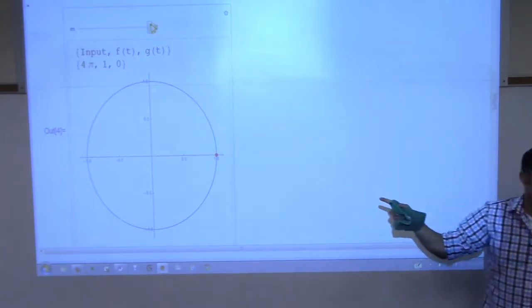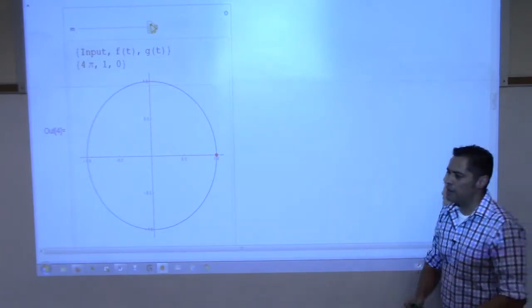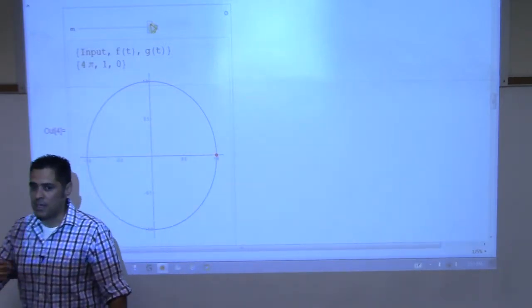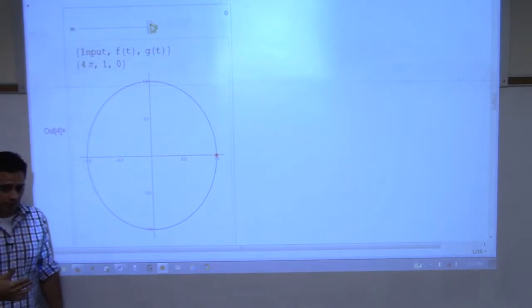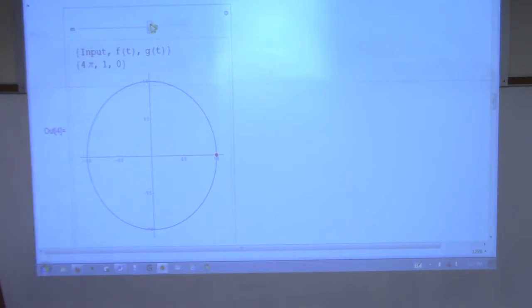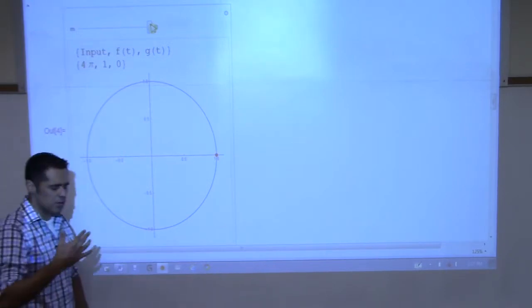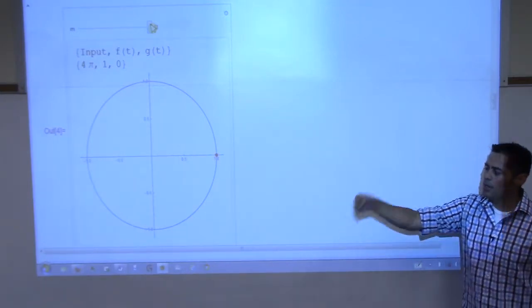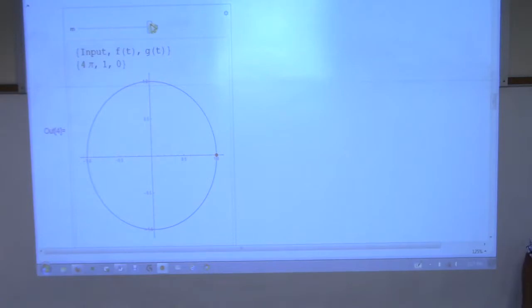Is that a function of x? No, it's not a function of x. Now, if you parametrize it, which means you come up with parametric equations for it, then can it be viewed as a function of x, or a function of t? Yes, it can still be a function, because for every single input, you have a single output. All right, so this is a good workaround. It's going to allow us to do things that we never thought we could do before.